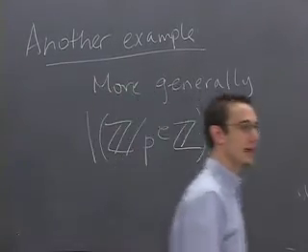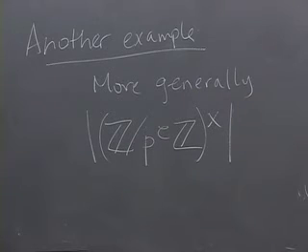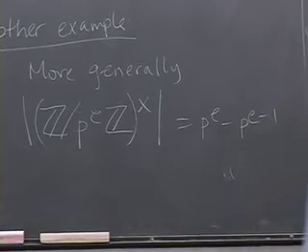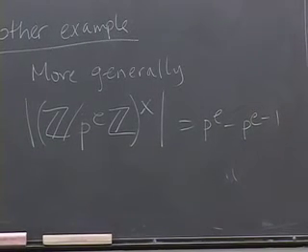Any takers? Yes? It's p raised to e minus p raised to e minus 1. Why? So the answer he gave is p^e minus p^(e-1). Well, that's OK.